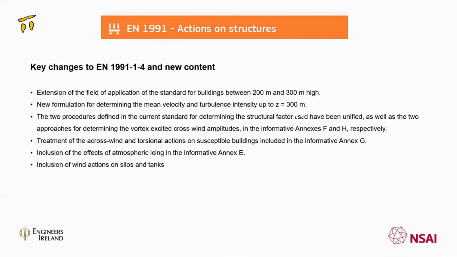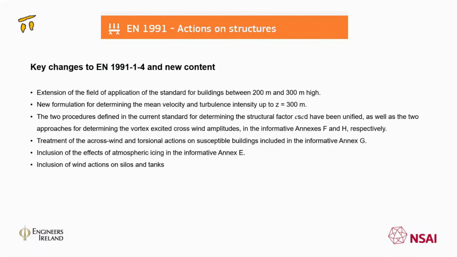General changes have extended the field of application for buildings from 200 meters up to 300 meters. And you can determine the mean velocity and turbulence intensity of wind up to a height of 300 meters.